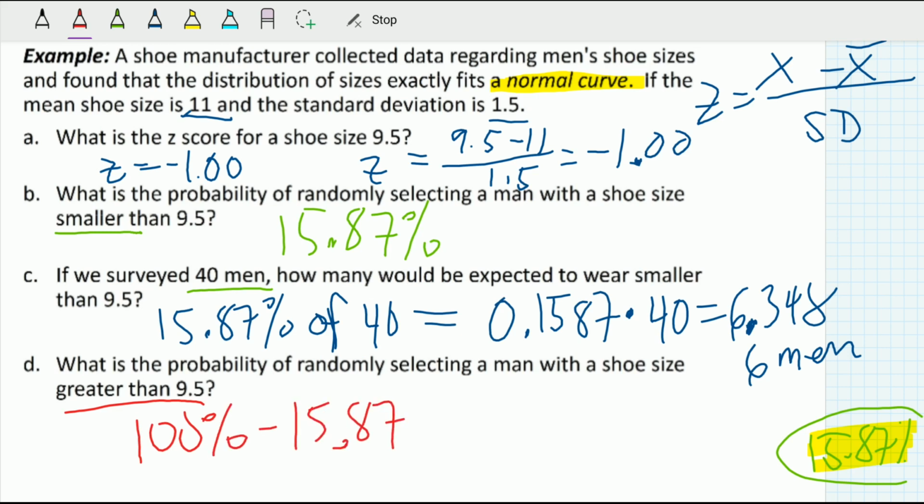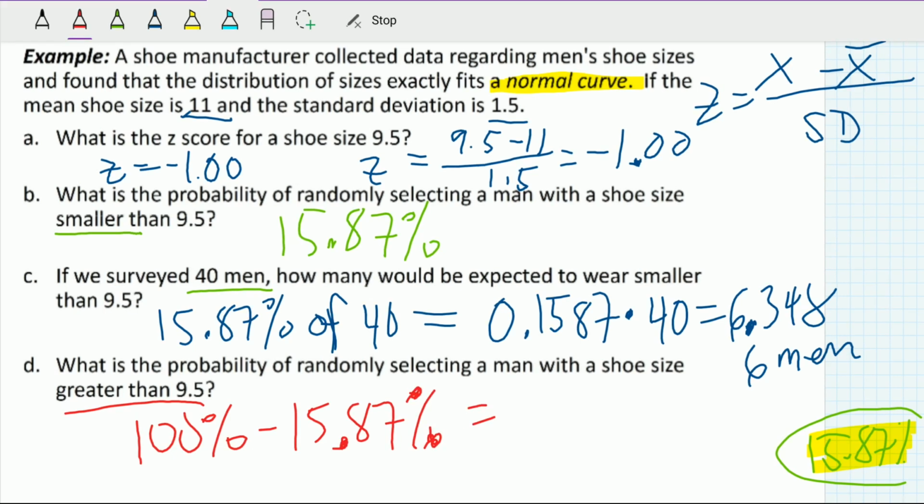So it'd be 100 minus 15.87%. Let's see if I can do this in my head. It would be 84.13. Let's see if that's correct. All right, cool. And so there you go. That would be the answer for letter D.